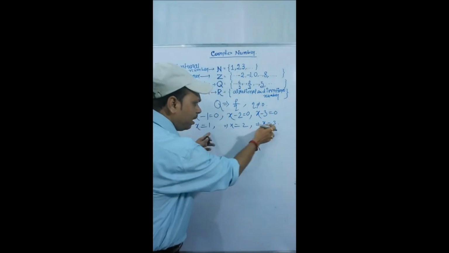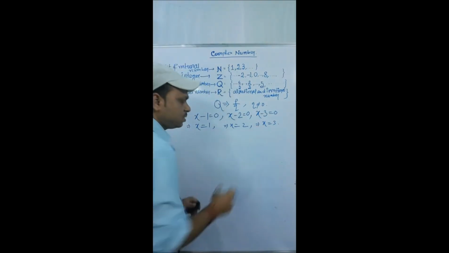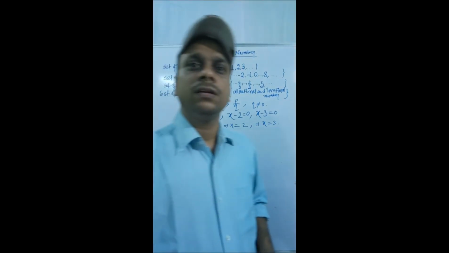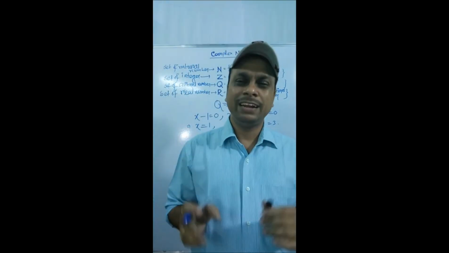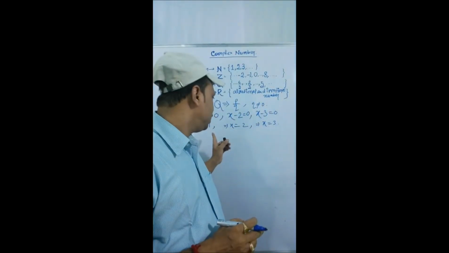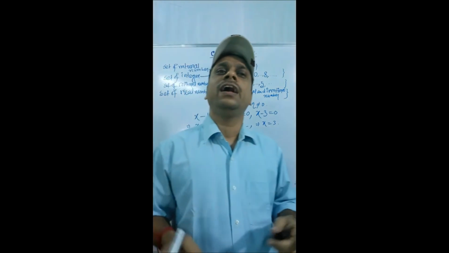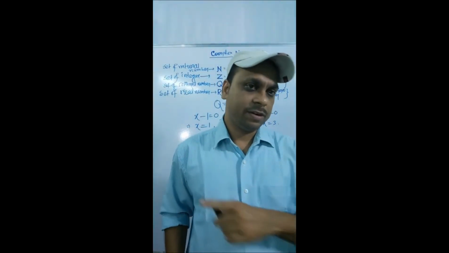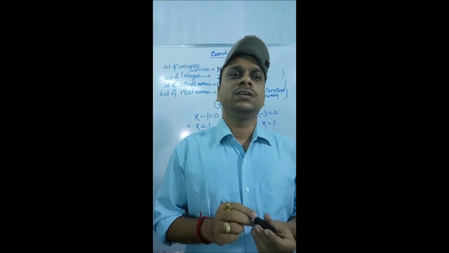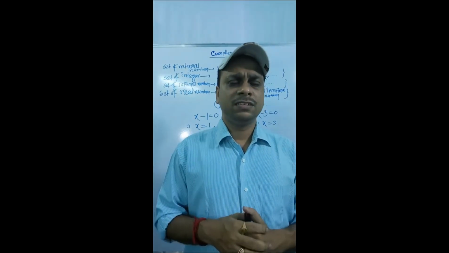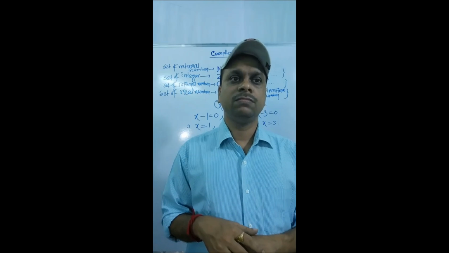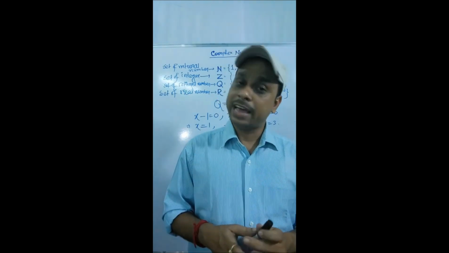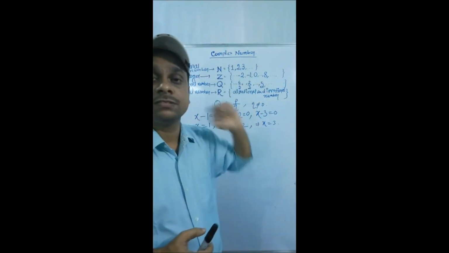These are all natural numbers. The values obtained from the given equations are all natural numbers, so these equations can be easily solved through the set of natural numbers N.